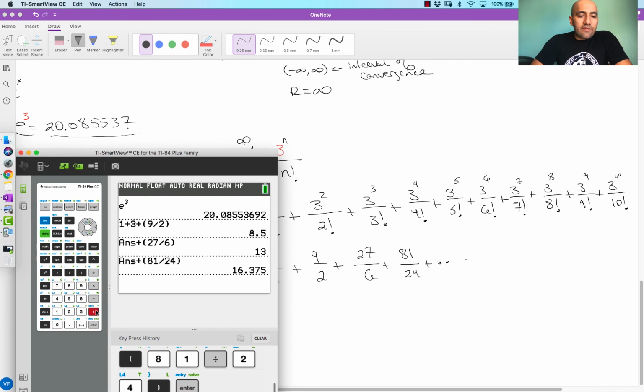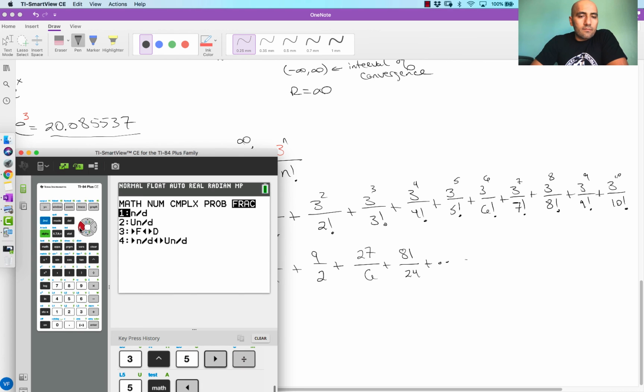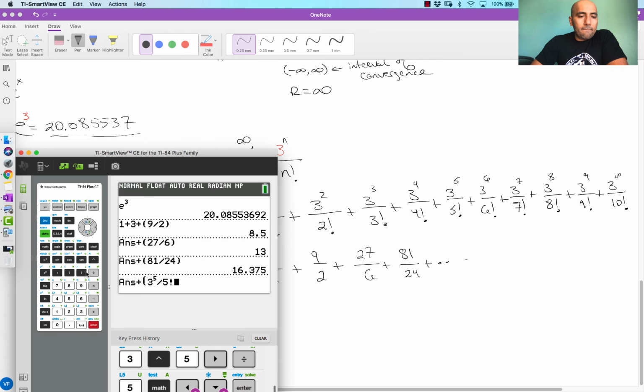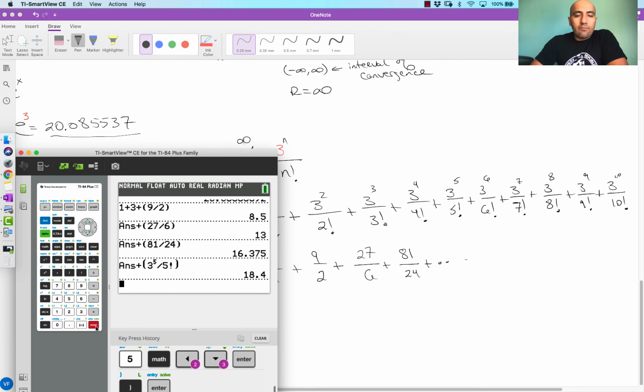So we're going to take the previous value and add to it 3 to the power of 5 divided by 5 factorial. And I get 18.4.